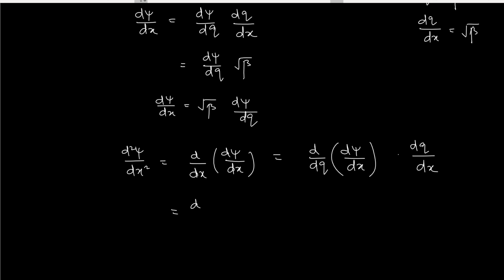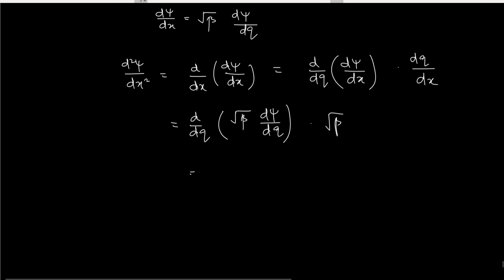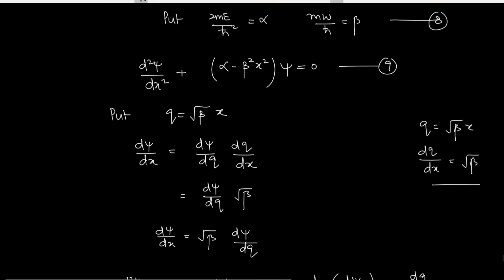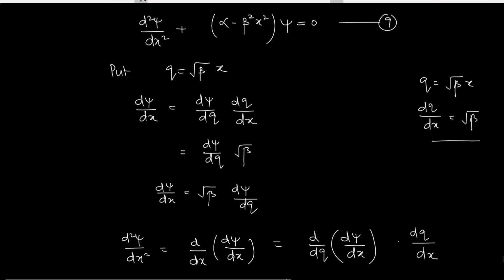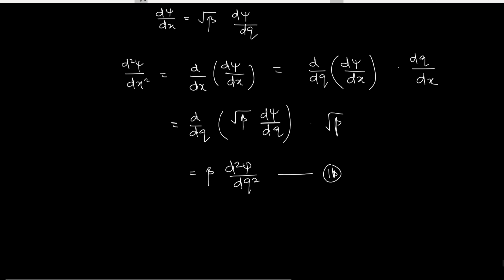Substituting all the values, d psi by dx is root beta d psi by dq, and this value is root beta, so it is beta d2 psi by dq2. We mark this as equation number 10, and this as 11. So 9, 10 and 11.